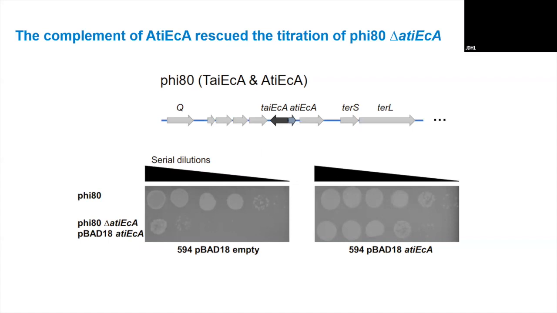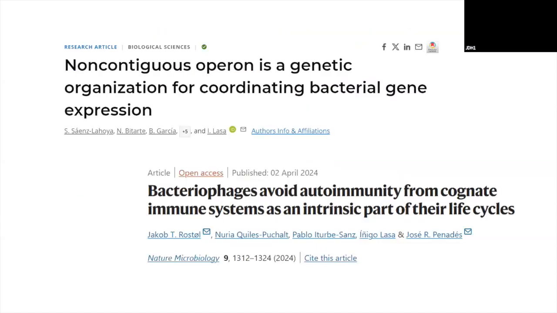And I need to highlight that anti-ECA is in the opposite direction of the operon. Actually, the phenomenon that a gene is transcribed in the opposite direction to the rest of the genes of the operon has been described as a non-contiguous operon by the Laub group.